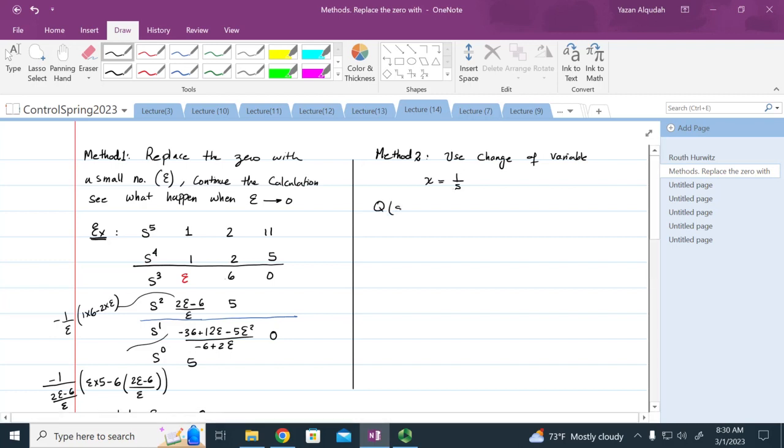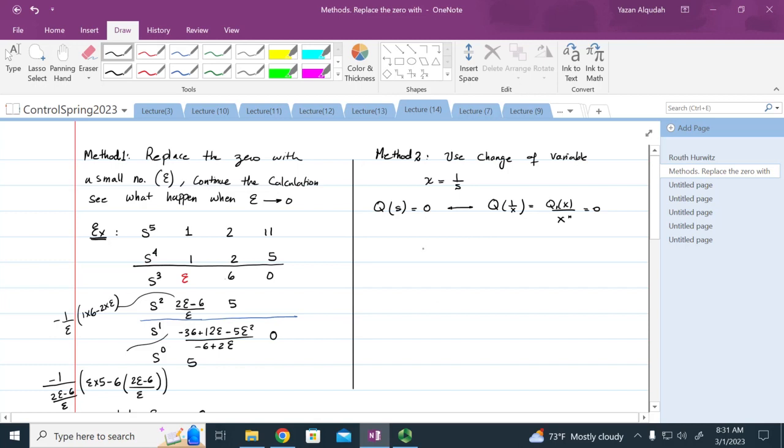Now we know if I have a polynomial q of s equal to 0, if I replace it with the q of 1 over x, it is going to equal q of x divided by x to the n equal to 0.